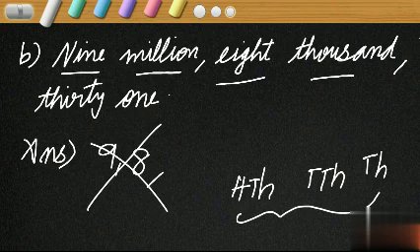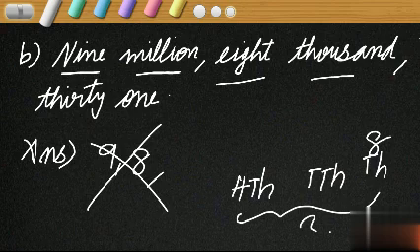In the thousands period, in the first place, 8,000 means 8 is in the thousands place. So what about the 10,000 place and the 100,000 place? Can we leave them blank without writing anything?